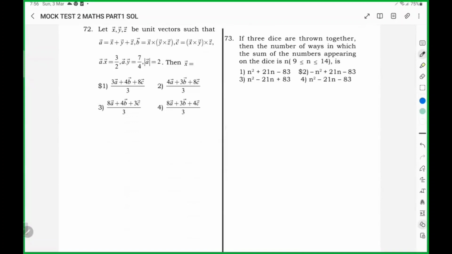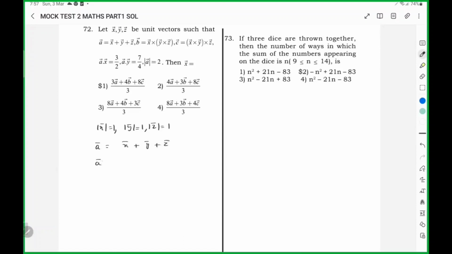Here x bar, y bar, z bar are unit vectors. So what are the given conditions? A bar is given as y plus z.